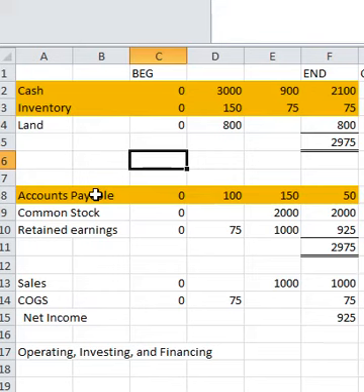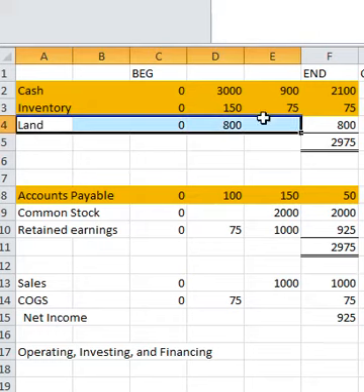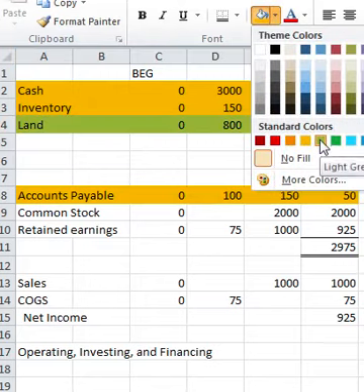So when it comes time to do the statement of cash flows and we think about operating activities, those activities involve the accounts from the balance sheet that are operating accounts, so current assets and current liabilities. If we think about land and all the other long-term asset accounts, those are where our investing activities take place.